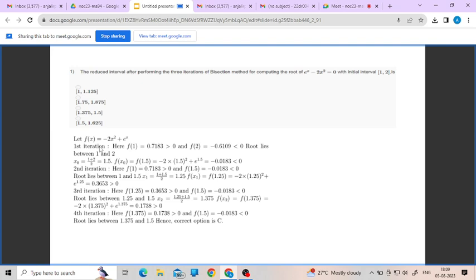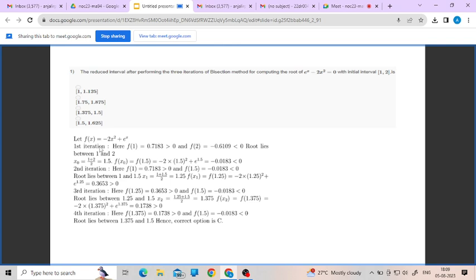So here we have been given the initial interval 1 comma 2. For f(1) you will get 0.7183, that is a positive value, and for f(2) you will get -0.6109, which is a negative value. Okay, so by bisection method there exists a root between 1 and 2. Fine.